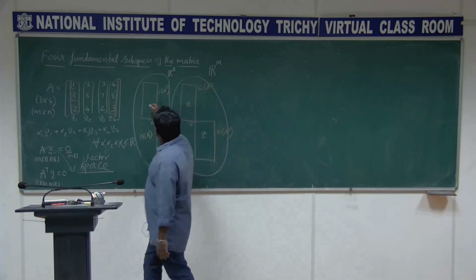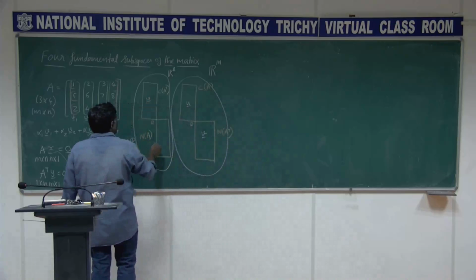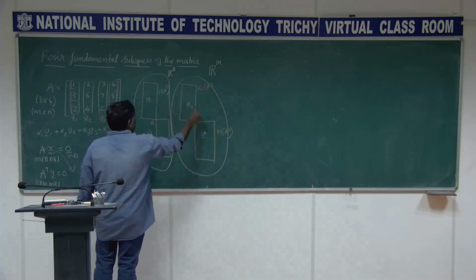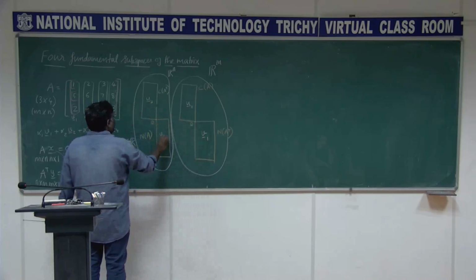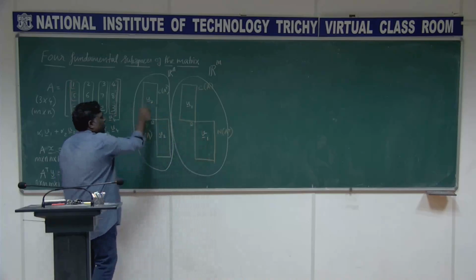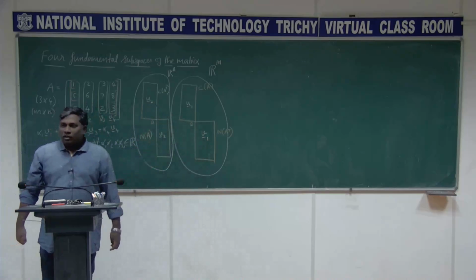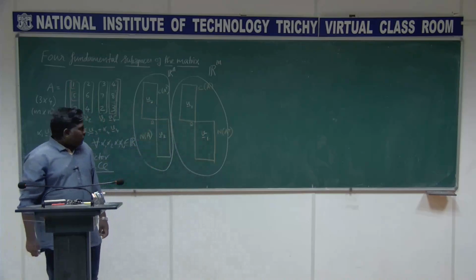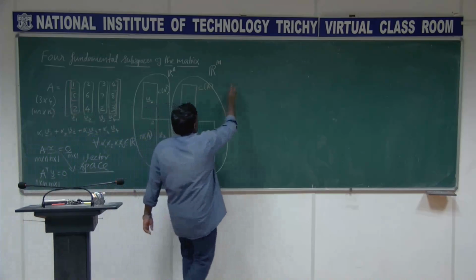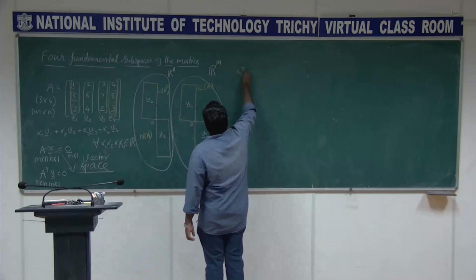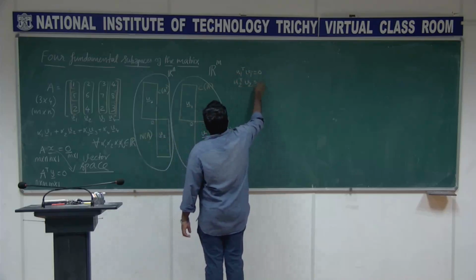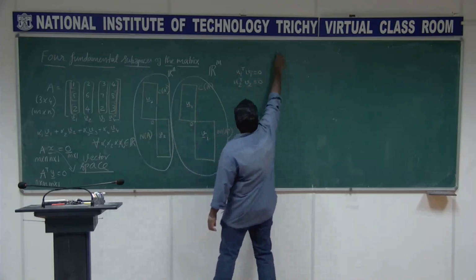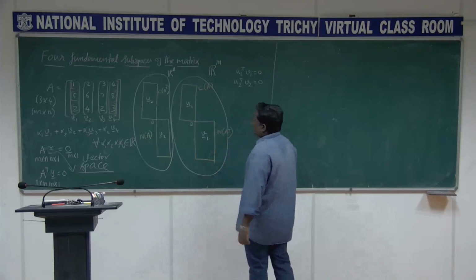And similarly, any vector you consider in this, u1 and, let us say, this is u1, v1 here, and this is u2, v2 here, right? So they are again becoming orthogonal. It means what I am trying to say here is u1 transpose v1 is 0 and u2 transpose v2 is 0. That's the meaning of it, right? We can of course cross check that, right?